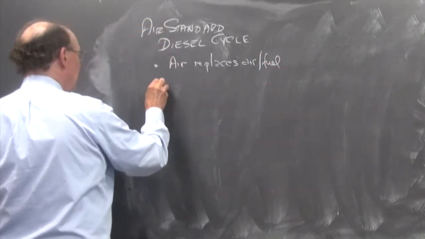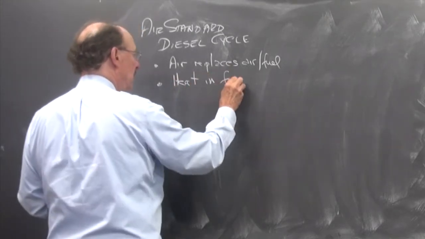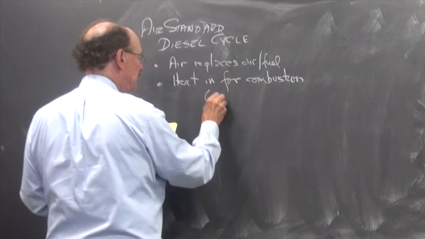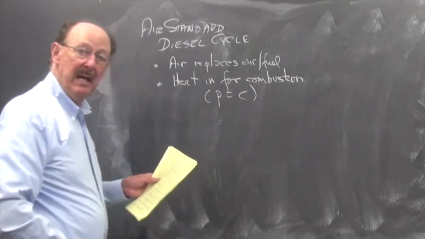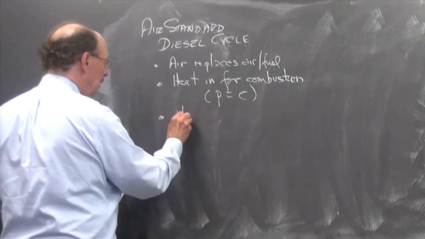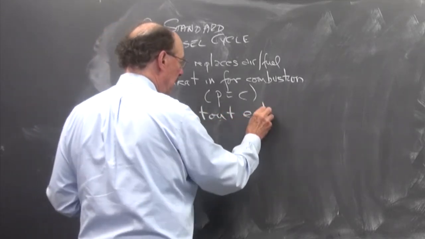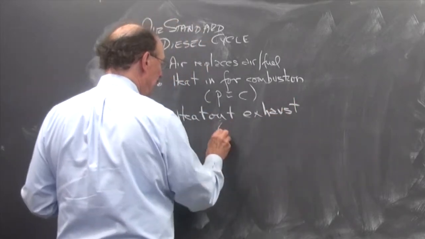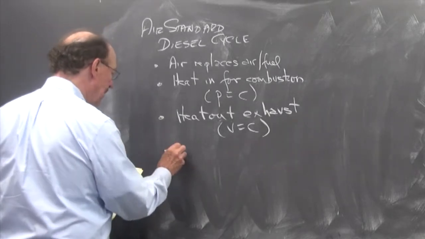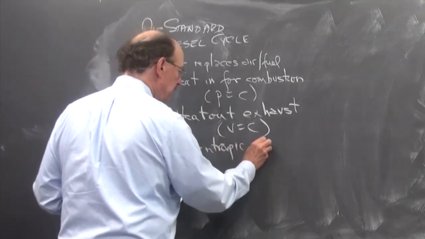We're having heat in for combustion. And the process is going to be constant pressure. In the Otto cycle, it was constant volume. Here it will be constant pressure. The heat out will be the exhaust, and that will be a constant volume, just as it was in the Otto cycle. And we'll have isentropic compression and expansion.